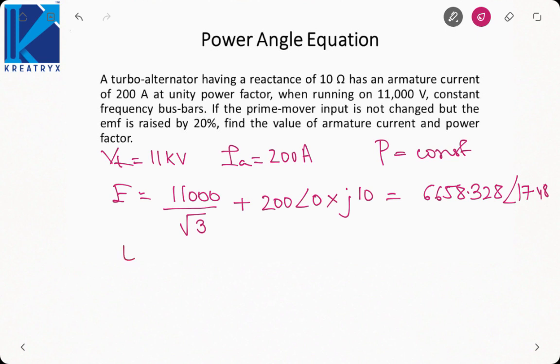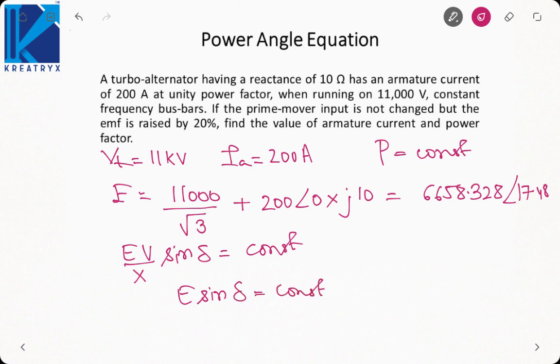We know real power is EV by X sine delta. If resistance is 0, it can be taken as constant. Since it is connected to an infinite bus, terminal voltage is always constant and reactance cannot be changed, which means E into sine delta is constant.